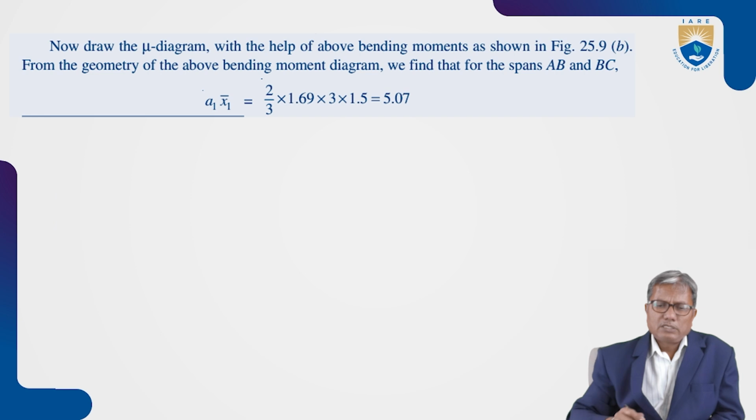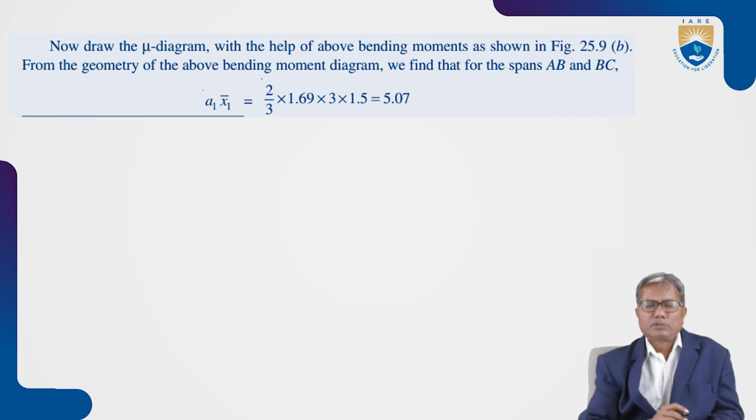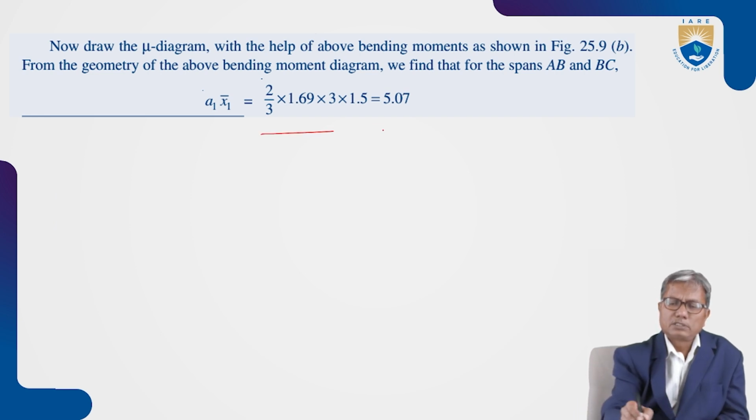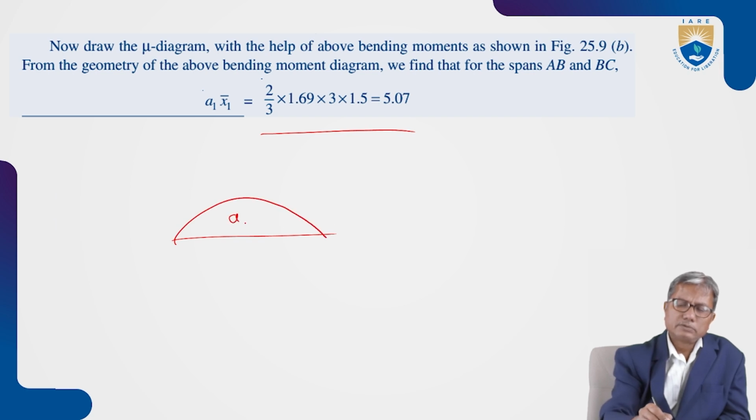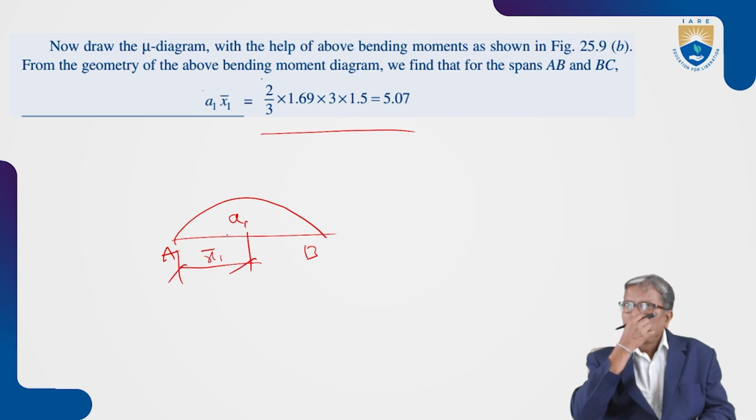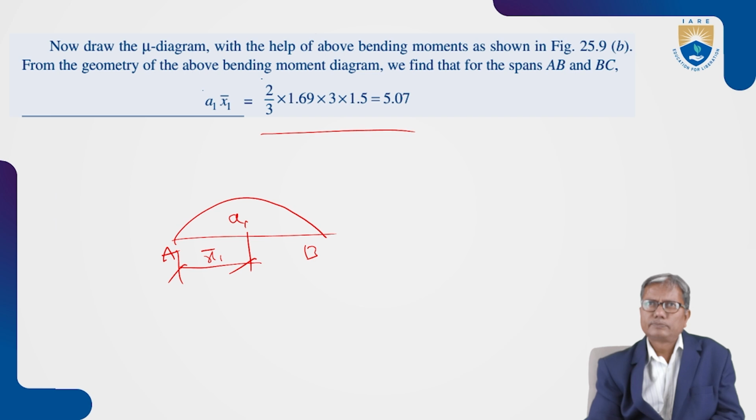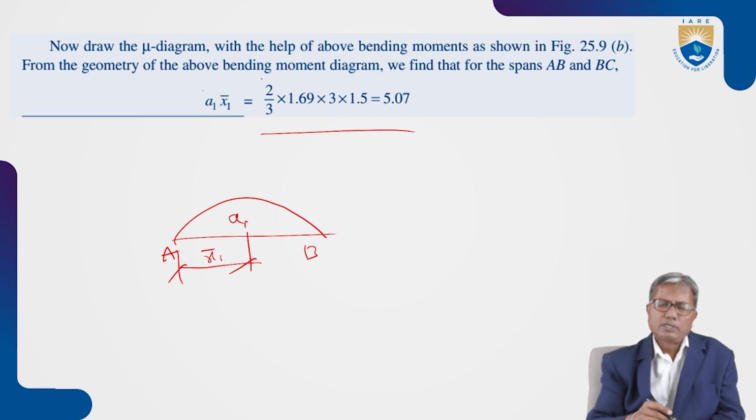So now we will consider A1 x1 bar. That means for the bending moment diagram on AB, the area is A1 and x1 bar is from A, which is half of the span AB. And what is A1 for parabola?